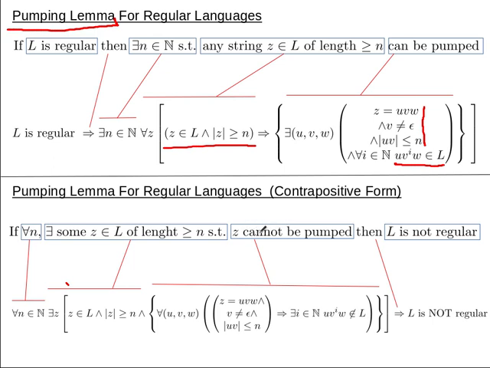Cannot be pumped, as we discussed earlier, means for all breakups. If the breakup satisfies these constraints, that is, the v part should be non-empty and uv can be of length at most n, then with this constraint you can find some i such that this pumped-up string is not in L. That's what it means that this z cannot be pumped.